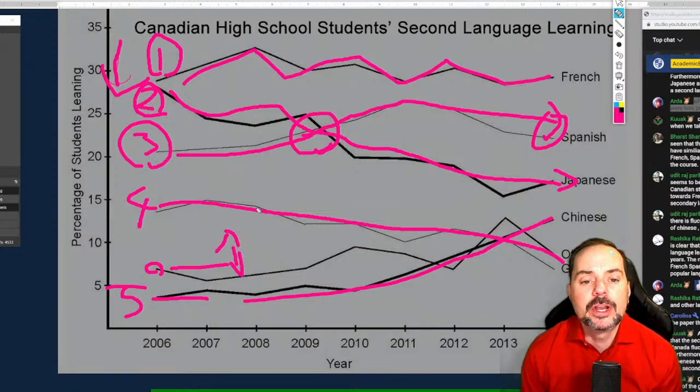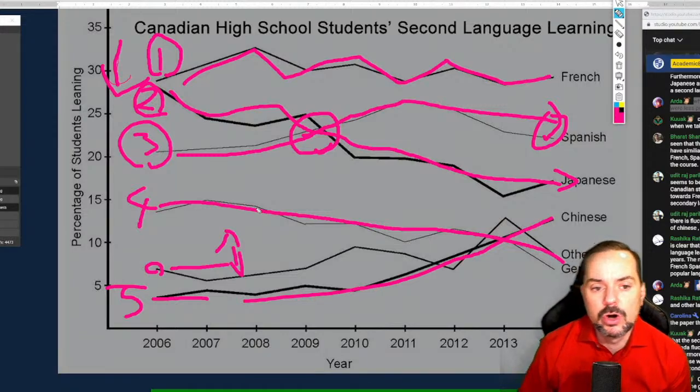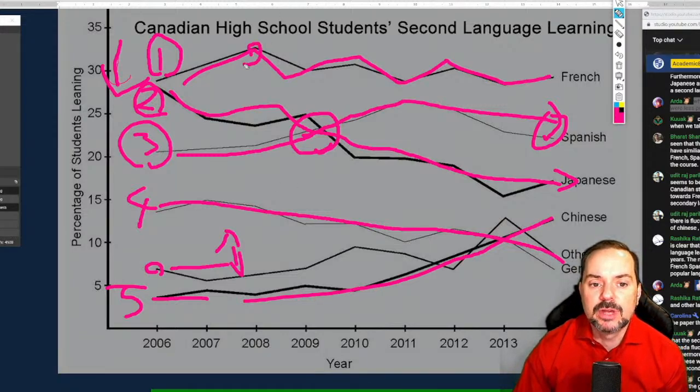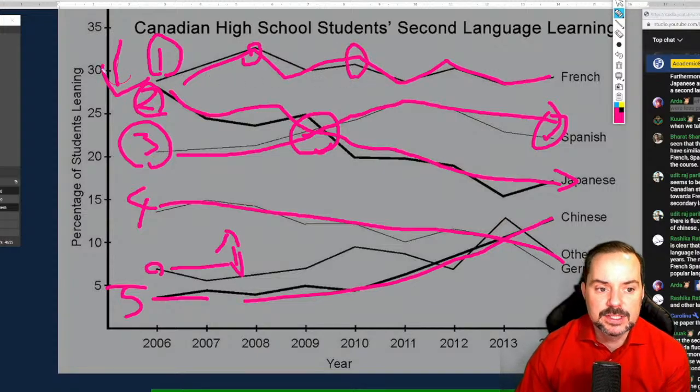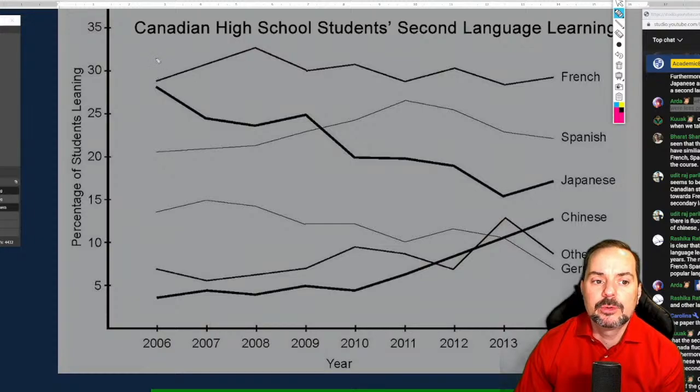So let me just start here, and definitely students, do not try to mention all the different fluctuations, okay, or variances. All right. Let me show you. So don't overthink it. Okay. Number 1, let's start with French. Okay. So French, I can see, is roughly about 27%, and its highest point, it's roughly 33%.